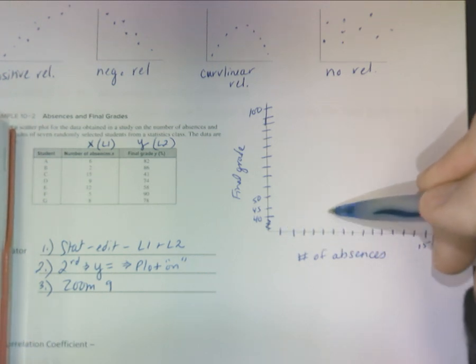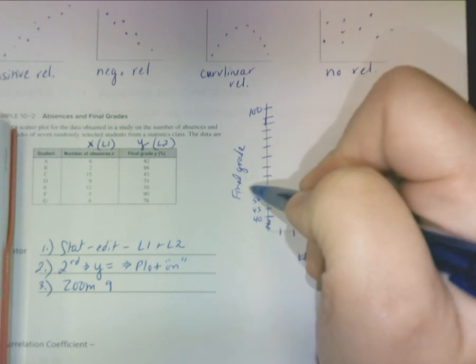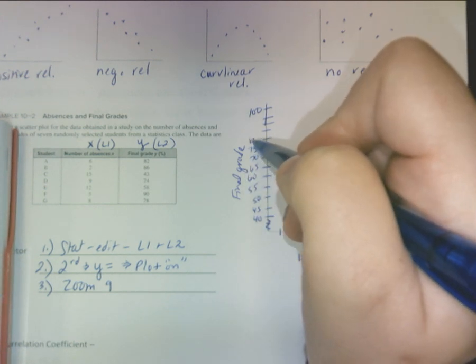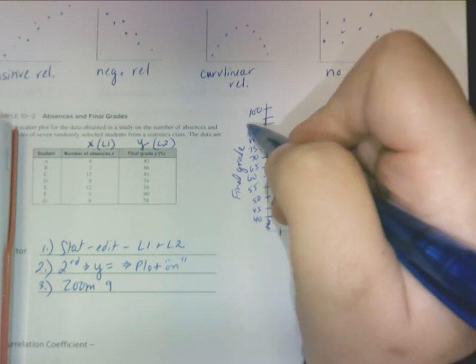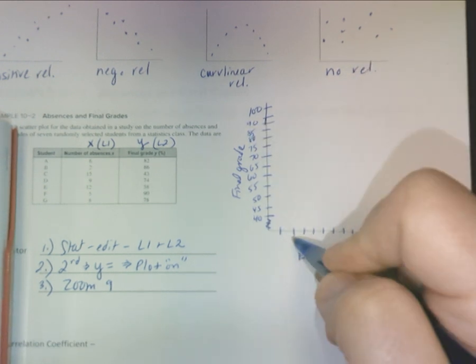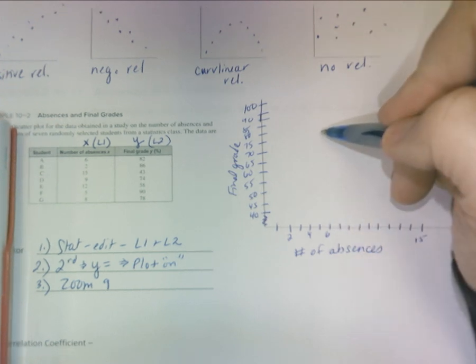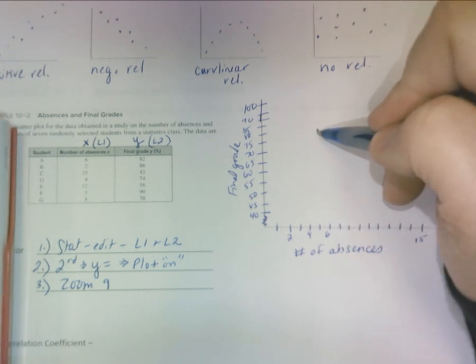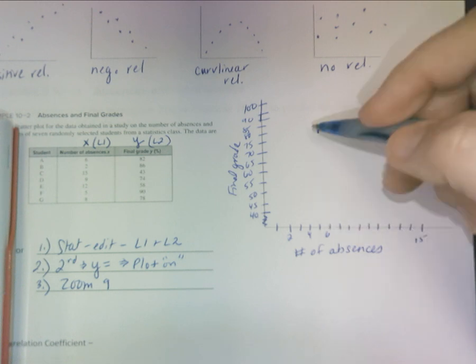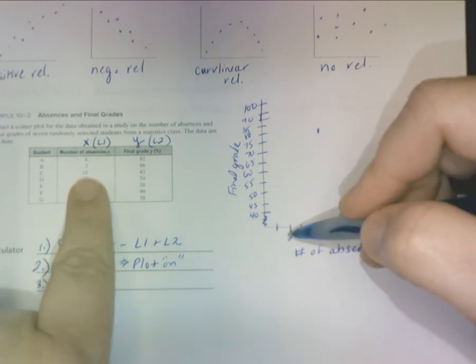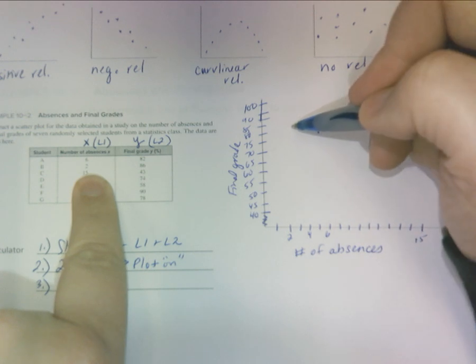I'll try to graph the first one. 55, 60, 65, 70, 75, 80, 85, 90. So 6 would go to 82. And you can keep the pattern going.